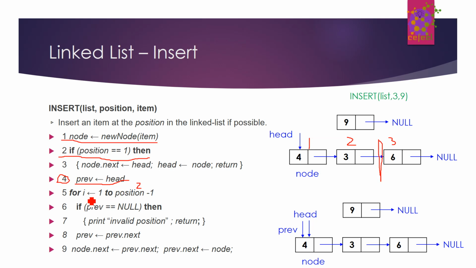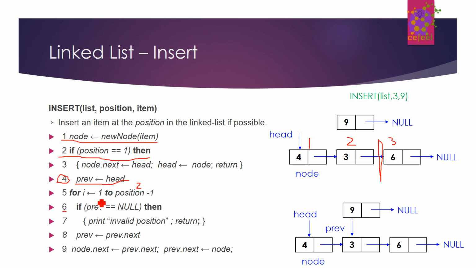So first time I is 1, and in this case we go to step 6 and check previous is not null because it's a valid node, and then we do previous equals previous dot next. So previous will now move to the next, and then we increment I, so I will become 2.